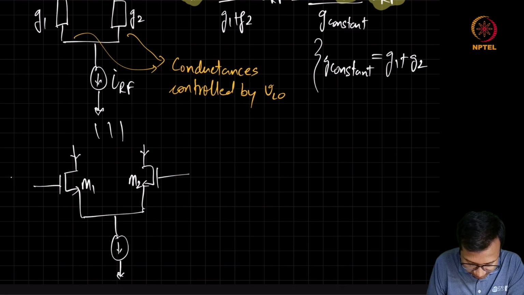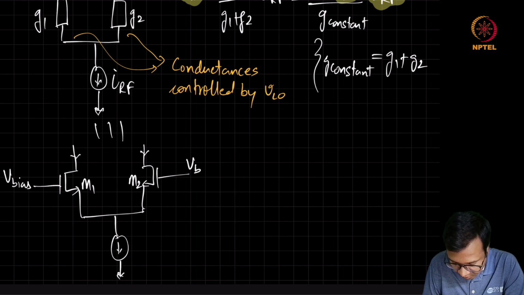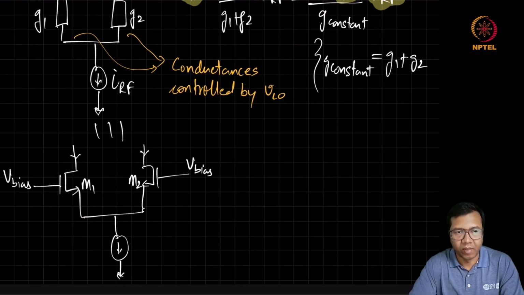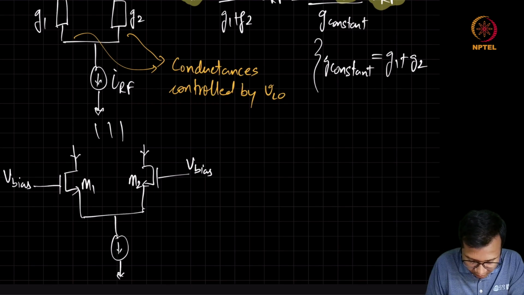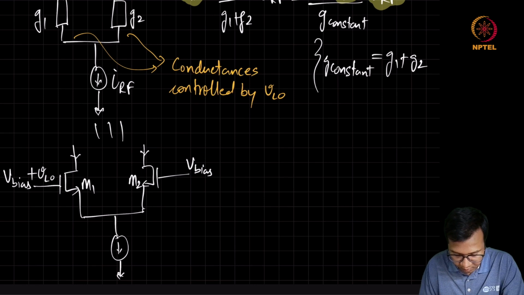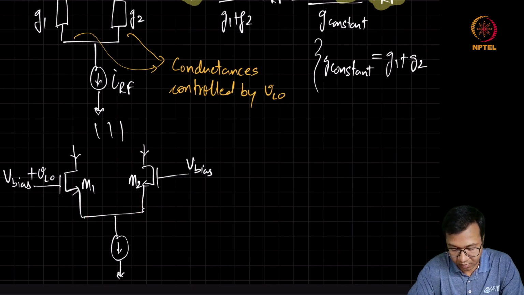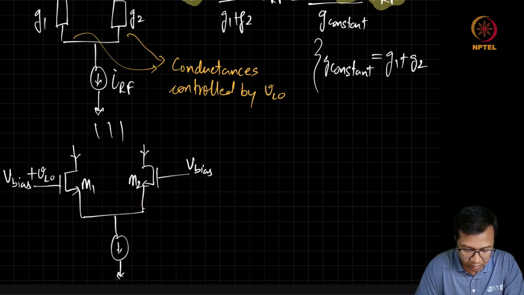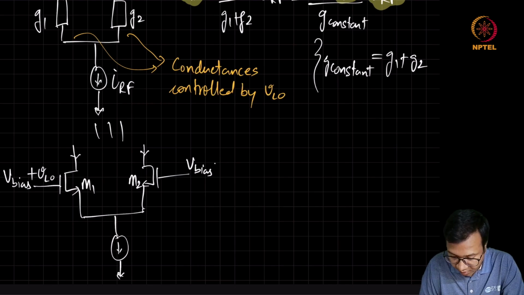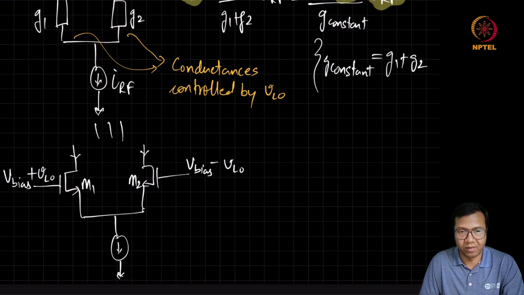And we need to bias these transistors. So let's say some V bias is added so that both of them are operating in saturation. And on top of this V bias, we can apply this VLO. Since we want to keep the sum of these two conductances constant, when we increase the VLO on one side, we can reduce VLO on the other side.